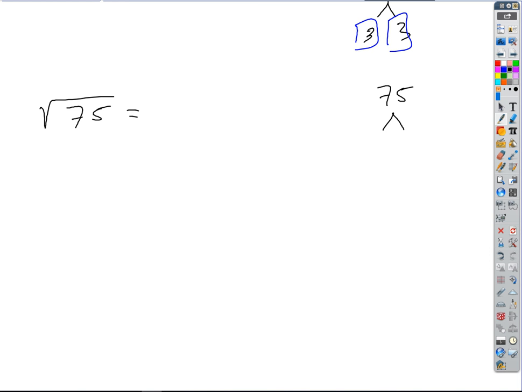Okay, good. Jocelyn, what are factors of 75? 5. And 15. Okay, good. How about 15? 3 and 5. So those are all prime factors, right? The ends of the branches are all prime numbers. What do I have a couple of? There's a couple of 5s right there, right? So I know I'm going to get a 5 outside, and I've got only one single that's a 3. And so there's my 3 inside.